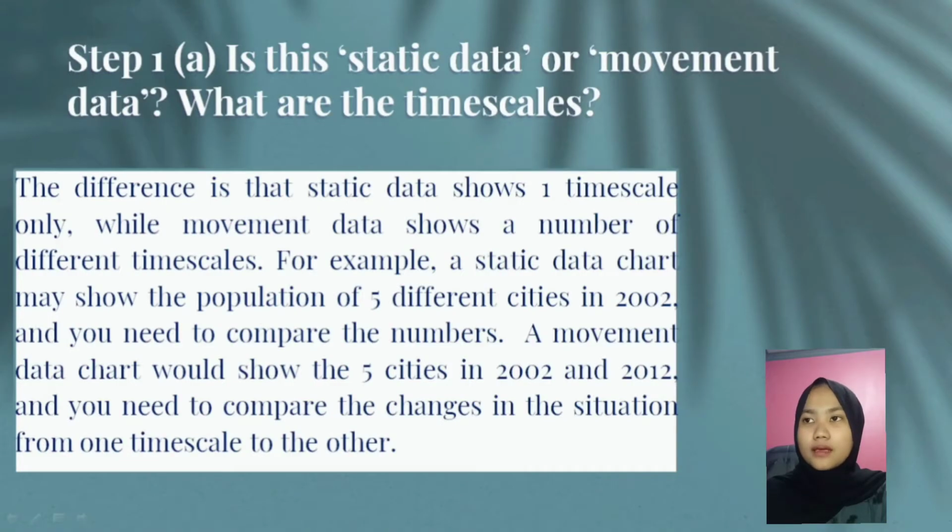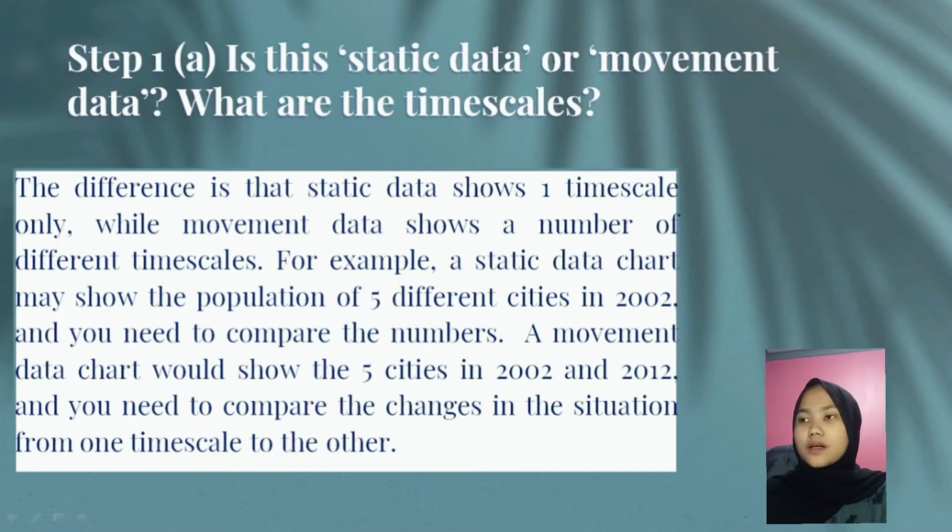Step 1A is the status data or movement data. What are the timescales? The difference is that status data show one timescale only, while movement data show a number of different timescales.